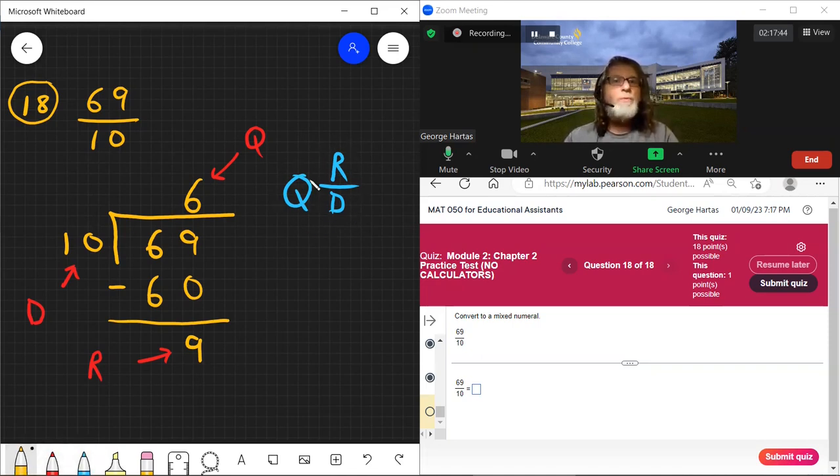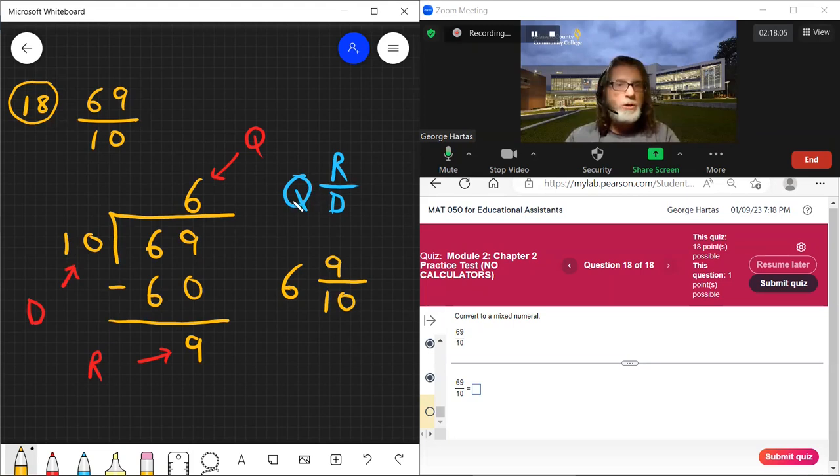Let's look for Q first. Q is the quotient, 6. R is the remainder, 9. It's going to be the numerator here. D, divisor, 10. It's going to be the denominator.